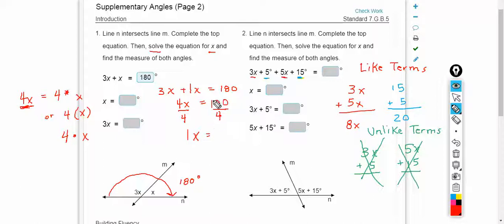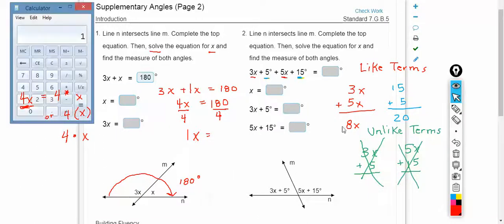And then 180 divided by 4, that equals 45.